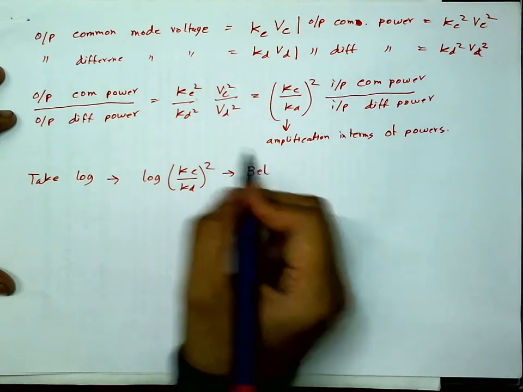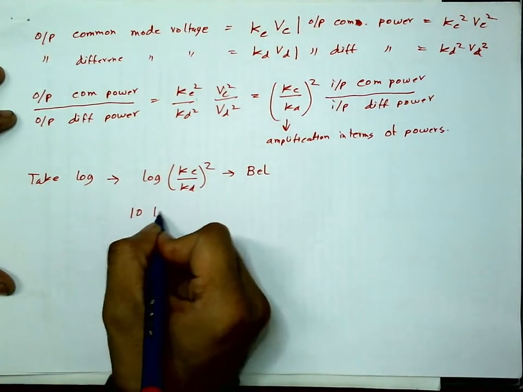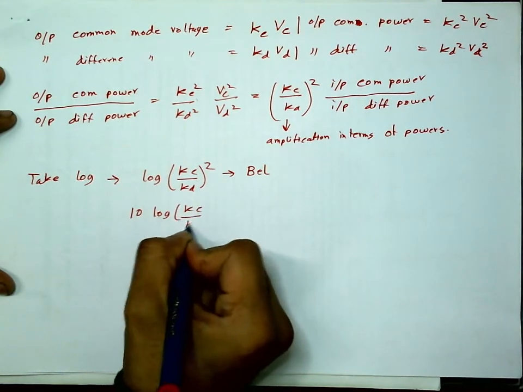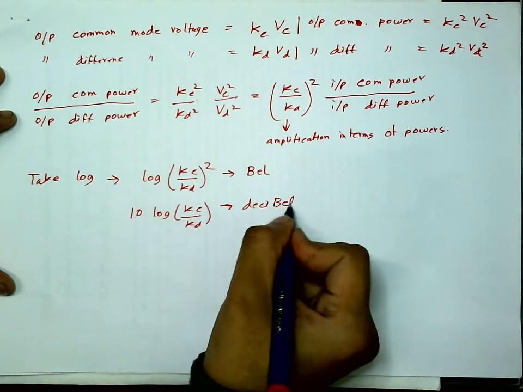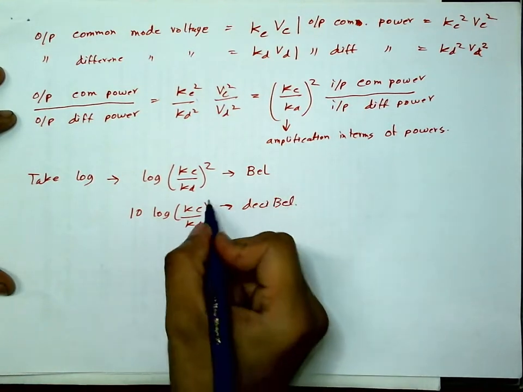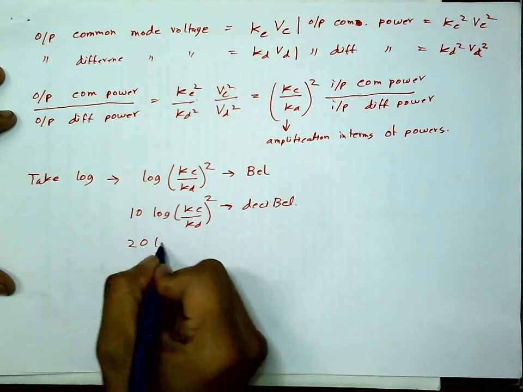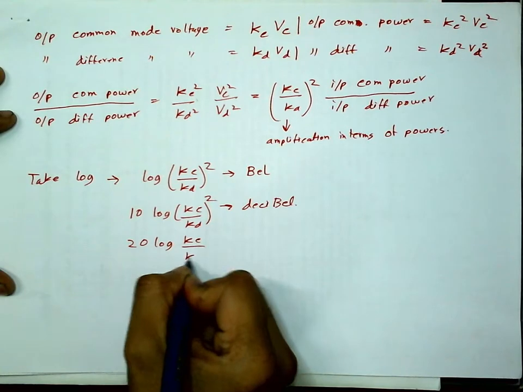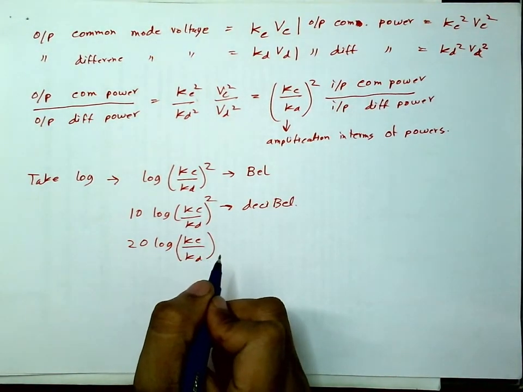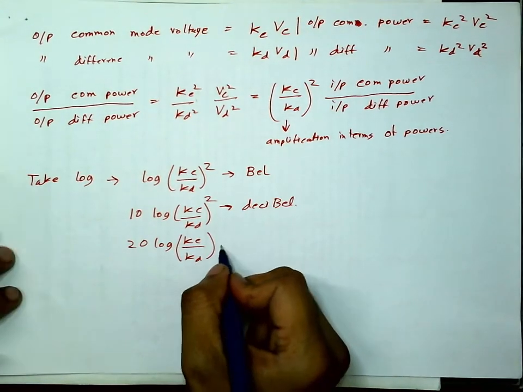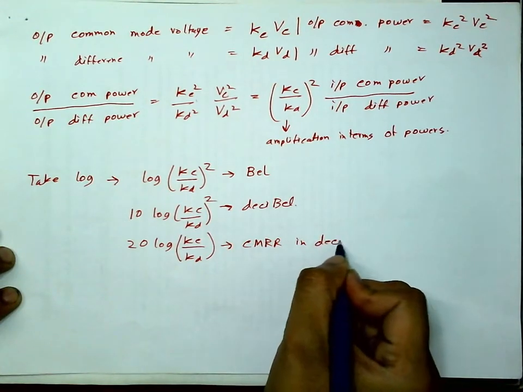And if we take 10 times this, that will be in decibel. The square can be brought out, so this becomes 20 log Kc by Kd. This is called the CMRR in decibel.